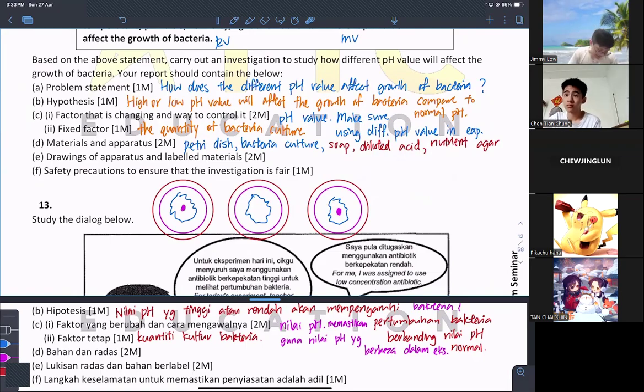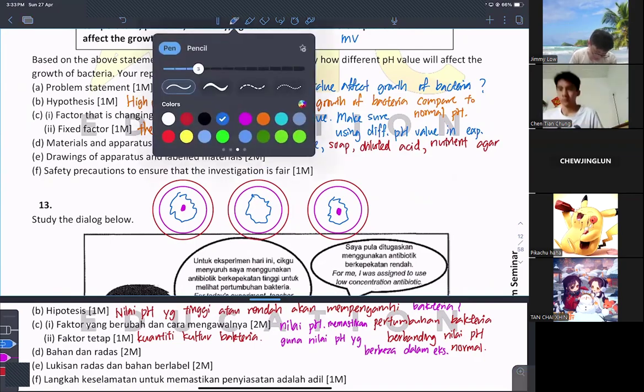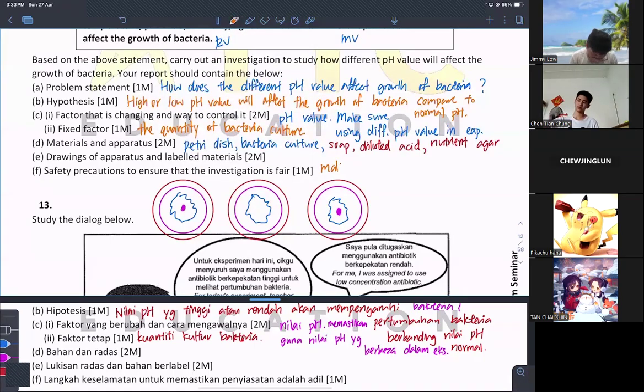Okay. So lastly, safety precautions to ensure that the investigation is fair. Okay, you can see the word fair. So what we have to talk about here, we have to deal with constant variables lah.